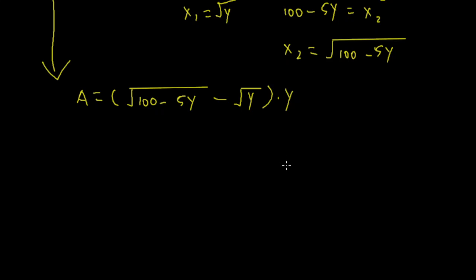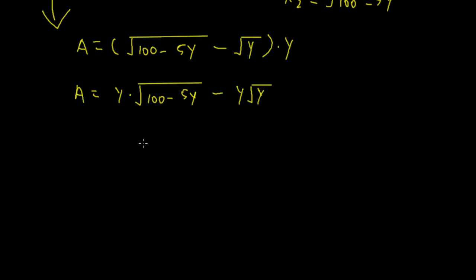Okay, now let's distribute it. So the area of the rectangle is this times this. We have y times square root of 100 minus 5y minus y times square root of y. Okay, now what do we do?